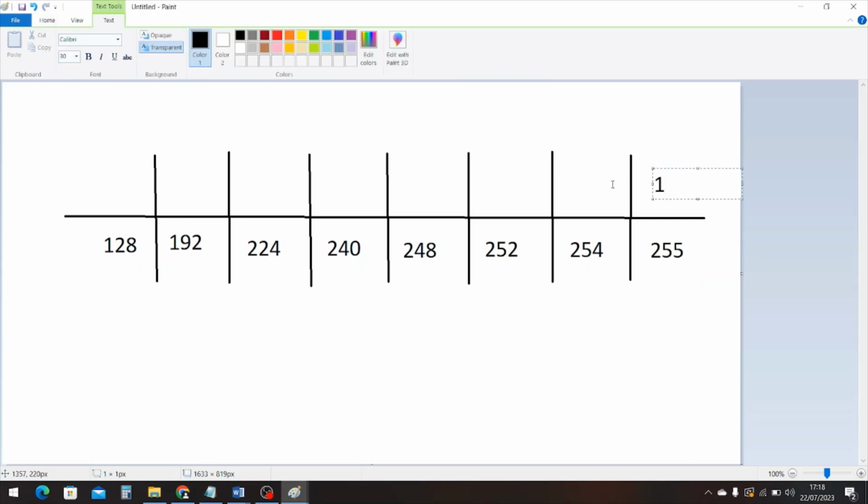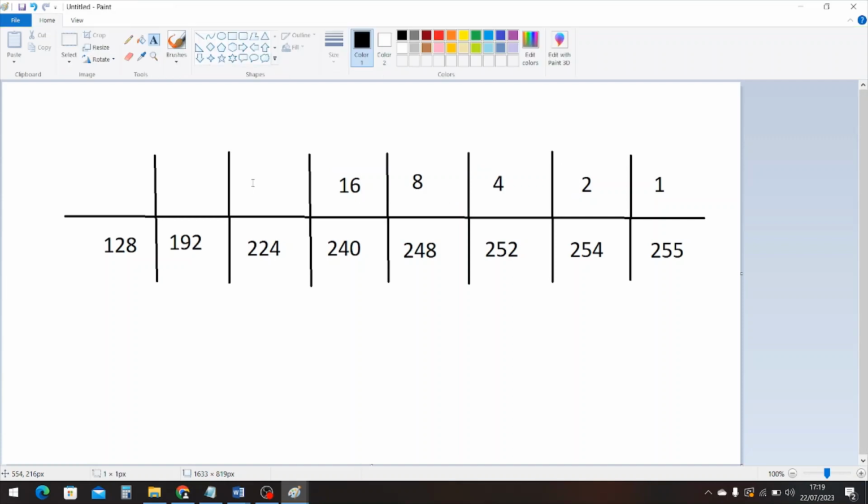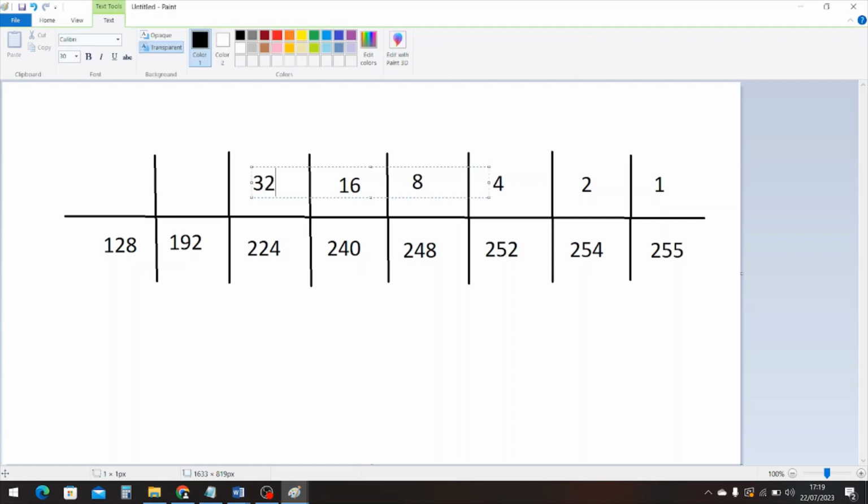Below that: 1, 2, 4, 8, 16, 32, 64, 128. This should be known to you.